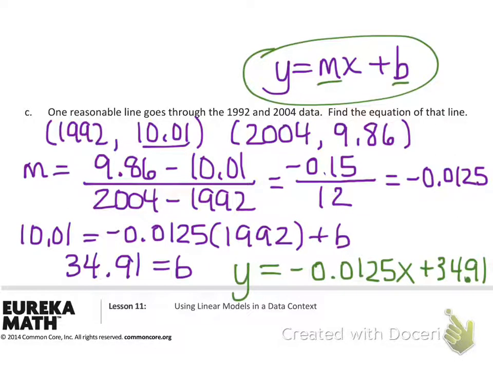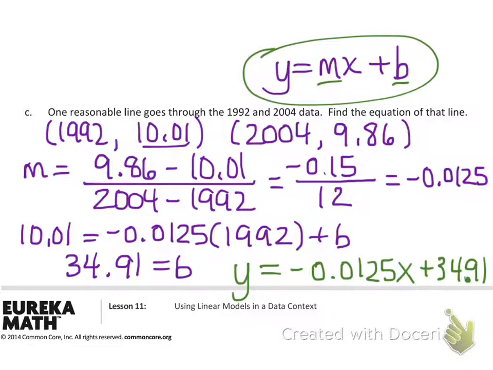Okay, so once again, this equation here now is, I can put in, for x, the value of the year, and y will give me a prediction for the mean medal time for the Olympics, for the men's 100-meter race.